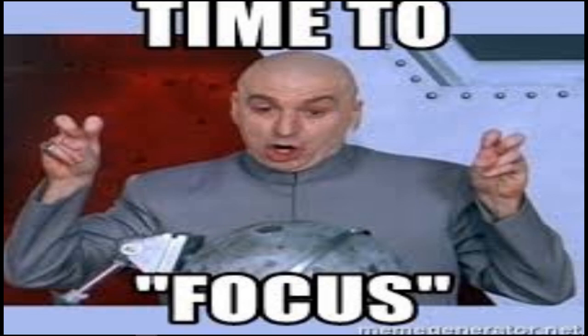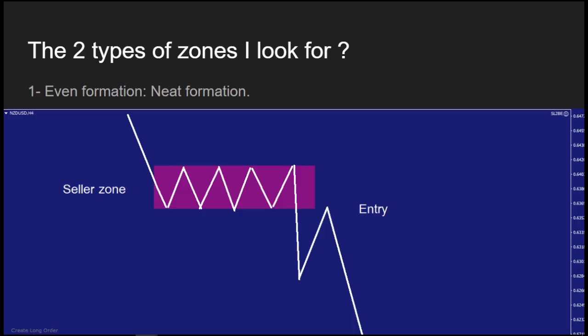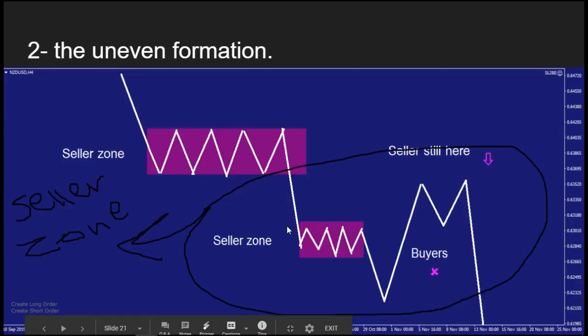There are two types that I look for normally. The even ones that are clean, as you can see. They do exist. My entry will be here and I will take this leg. And then the messy one. Now this is the messy one, the uneven one.